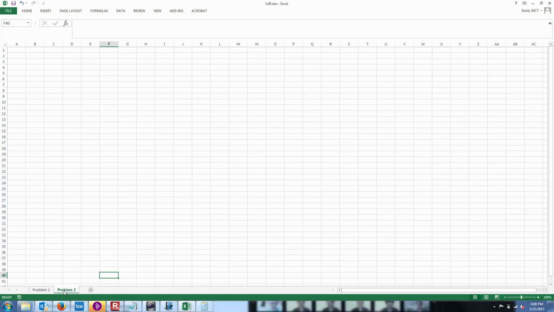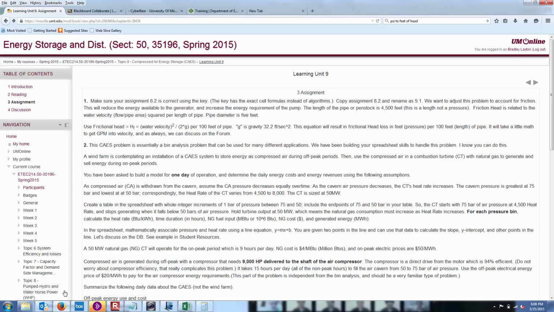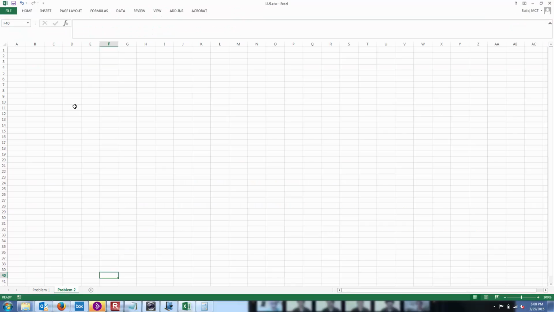Problem 2. Okay, so what we're looking at, one bar steps from 75 to 50, no problem. So 75 equals, and I'm just going to say here, if you want to watch.